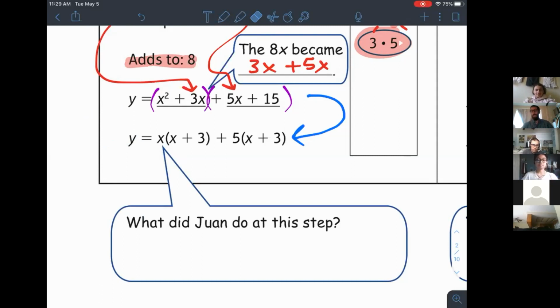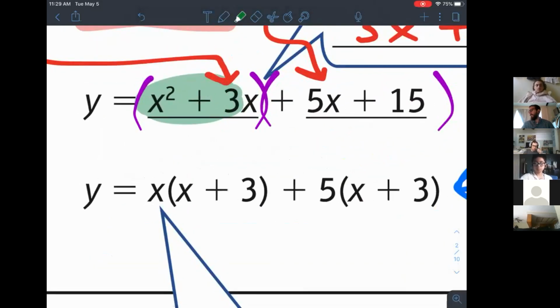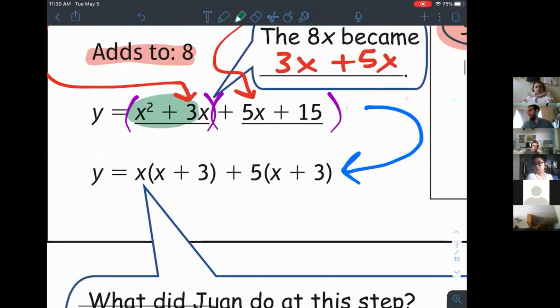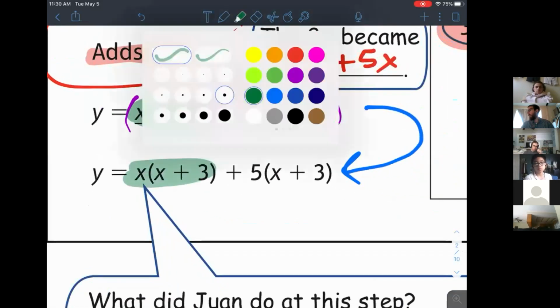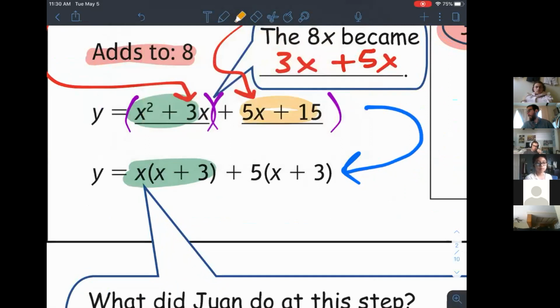Yeah, Sarah, good call. What did Juan do? He factored. He factored each group individually. He took the GCF, the greatest common factor, out of both. Juan realized that you could take an X out of both x squared and 3x, leaving you with x plus 3. And then Juan figured out that the GCF of his second group, I'm going to try to color coordinate this here so we see that they're the same, the GCF of both 5x and 15 was 5.